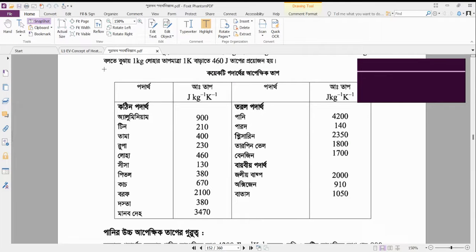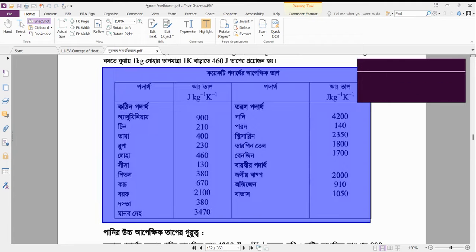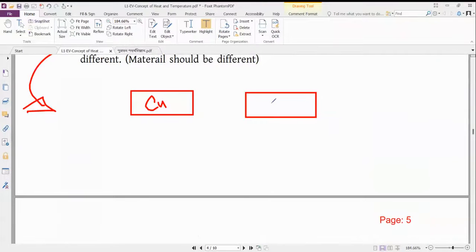Okay, just a minute. Yes, silver is 230. So I can write here silver, because silver is 230.